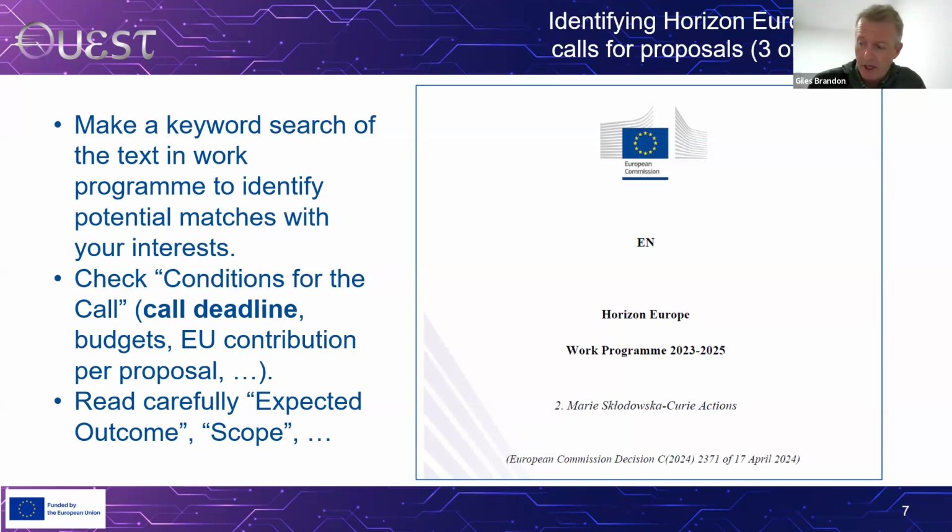Certainly for the work programs for pillar 2, which cover those 6 clusters, some of them, like I think the ICT one, are literally hundreds of pages. I advise people to do a keyword search on subjects and topics that are of interest to you. That may be a quick way to identify a call of interest to yourself.